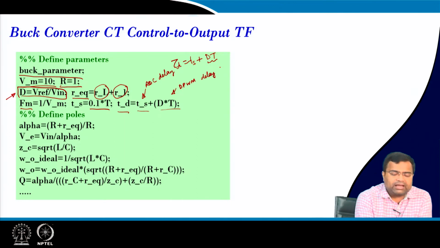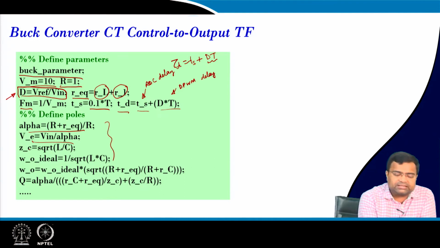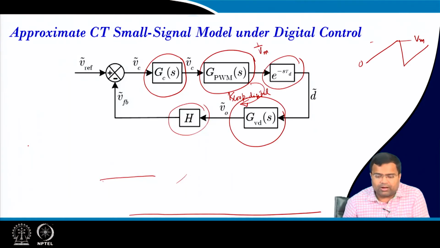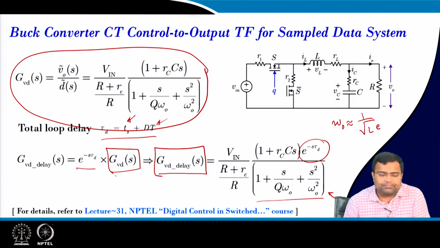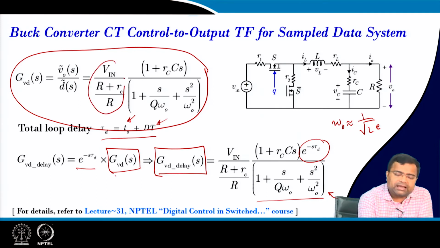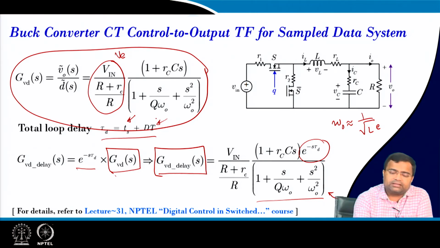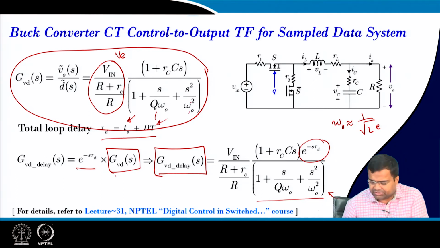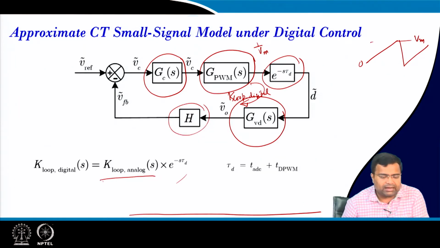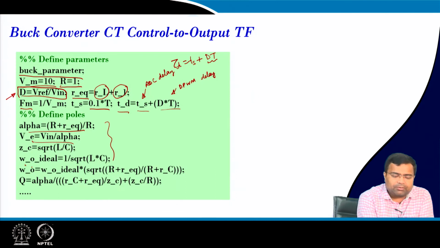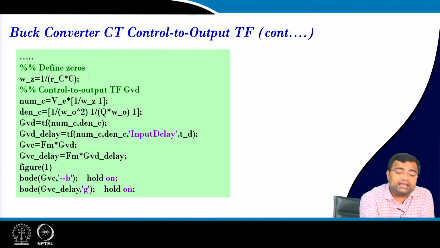Okay. Then we can define the pole alpha, and all these things we have already discussed, how to plug in. If you go back to our expression of the continuous time, I am taking this as VE, which is Vin by R plus RE by R. Then these are the Q, W0. So, all this transfer function we have plugged into the MATLAB model: W0 practical, then Q, then after that ESR zero.